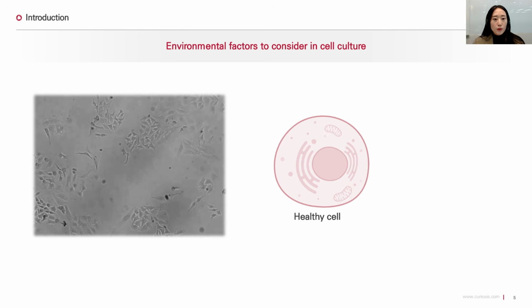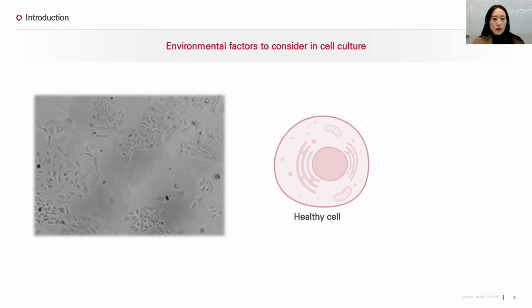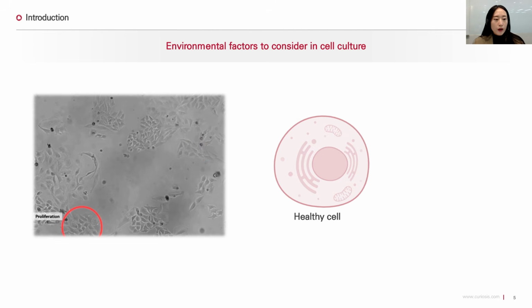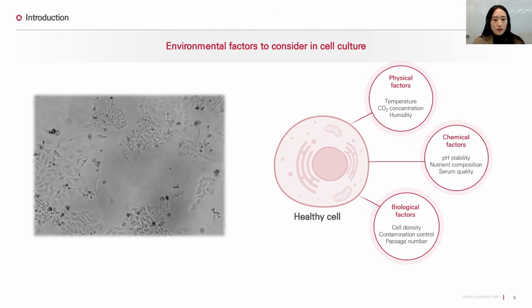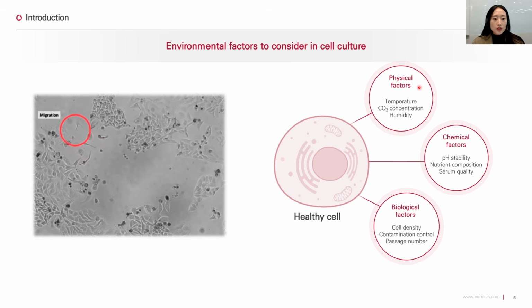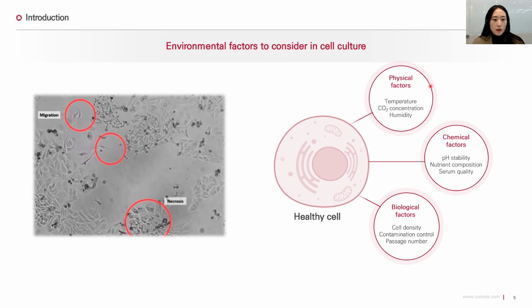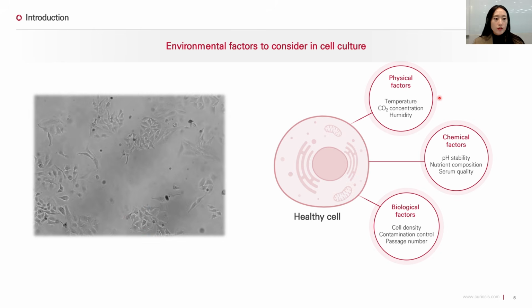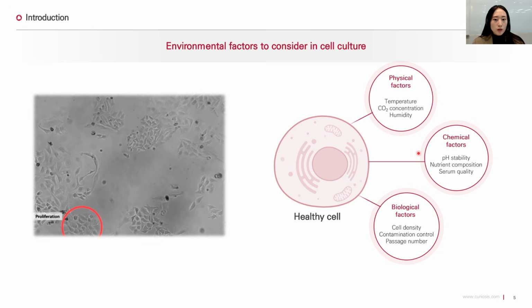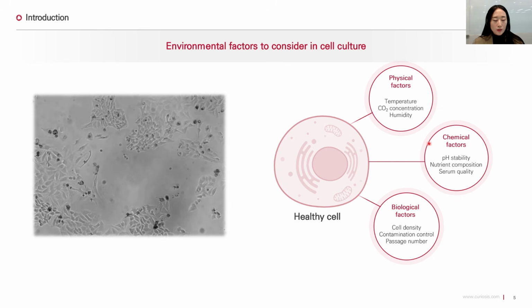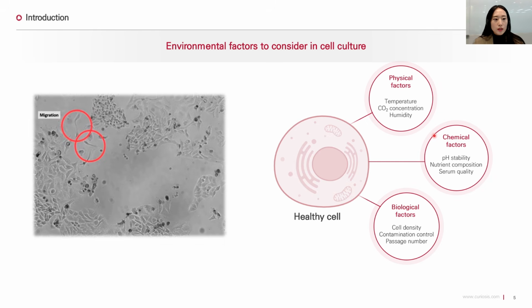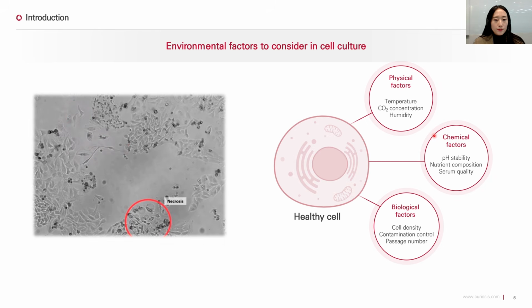To do this, we need to manage three main environmental factors: physical, chemical, and biological. Physical factors like temperature, humidity, and CO2 must stay constant. And chemical factors include pH stability and nutrient balance, which directly affect cell metabolism.